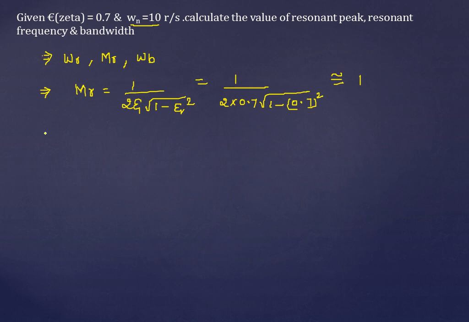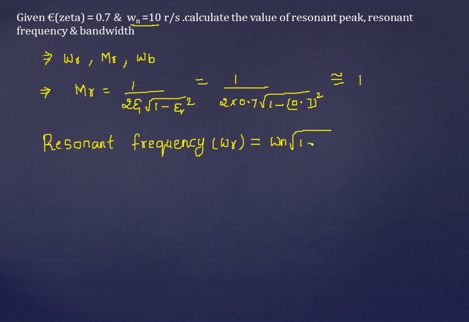Let me move to the second calculation, that is the resonant frequency, denoted with omega r. The formula for the resonant frequency is omega r equal to omega n into square root of 1 minus 2 zeta square.